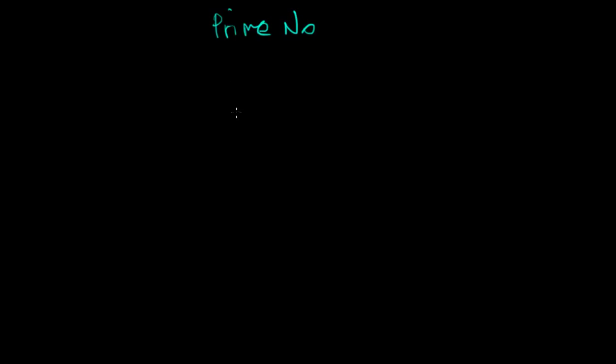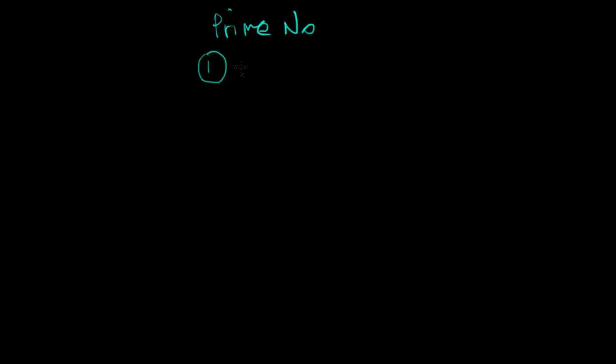So again, I repeat, a prime number is a positive integer that is exactly divisible by itself and 1. So there cannot be any remainder when you divide this prime number by itself or by 1. It can only be divided by itself and 1 and no other numbers. Okay, so two criteria for a prime number.